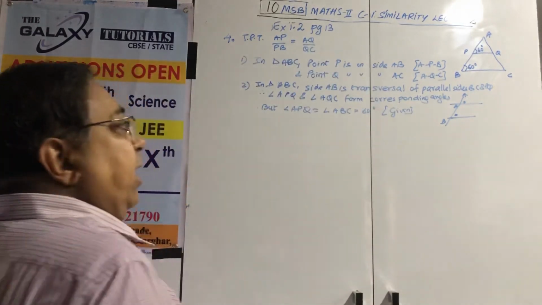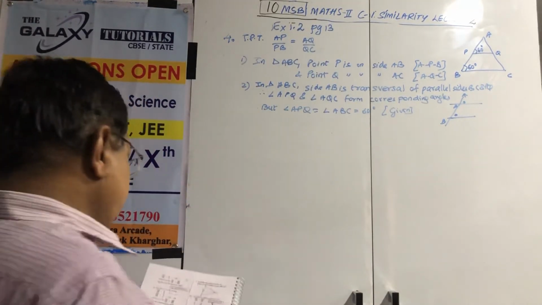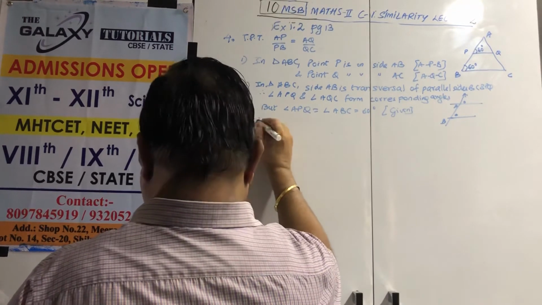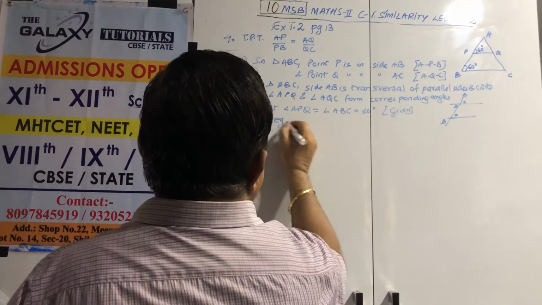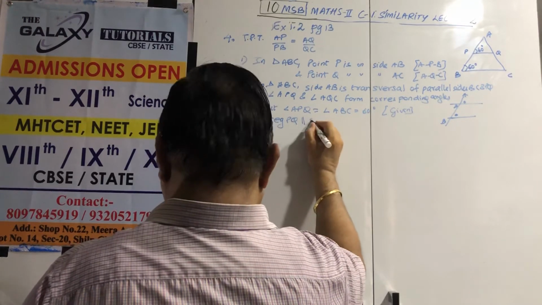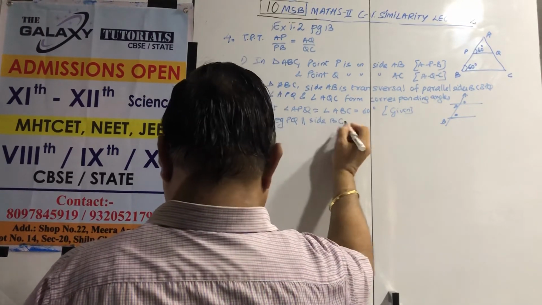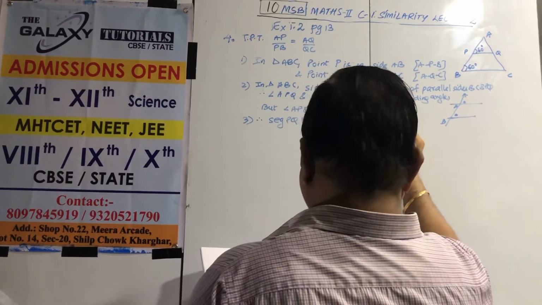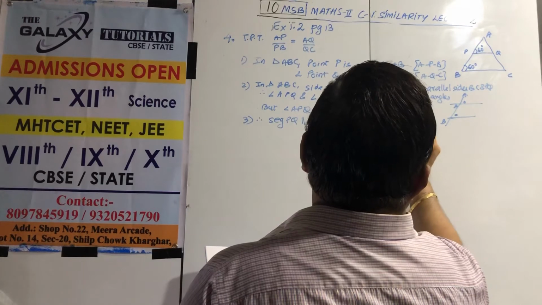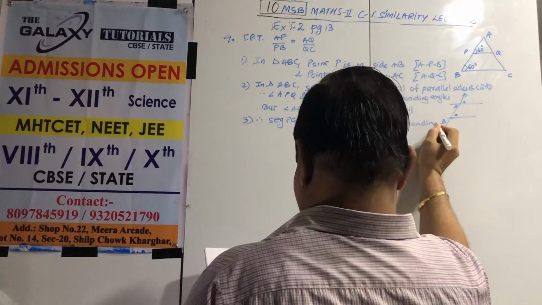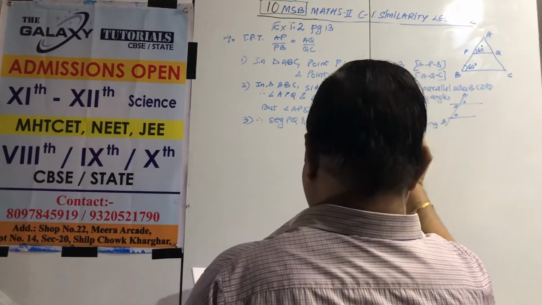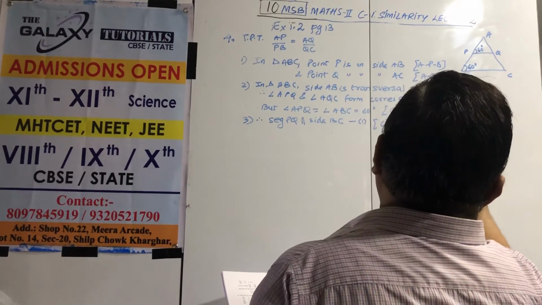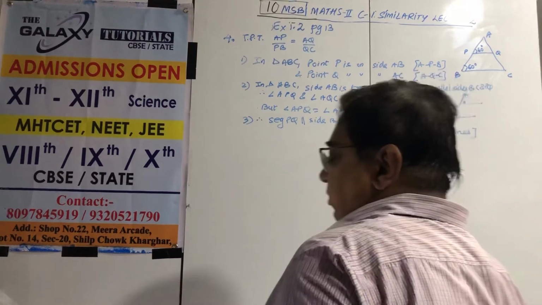Now when corresponding angles are equal, the lines are parallel. Therefore, segment PQ is parallel to side BC. Number 1. And the reason is the corresponding angles test of parallel lines, which we studied in our 9th standard.